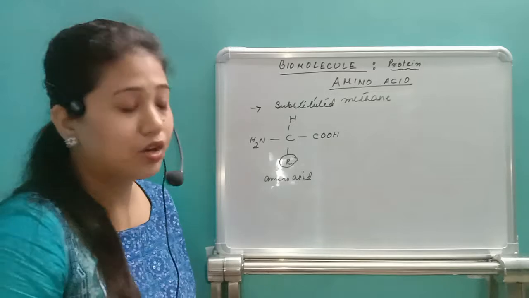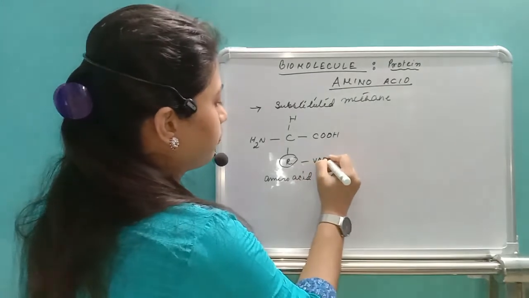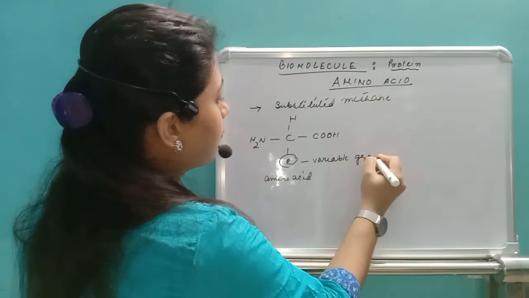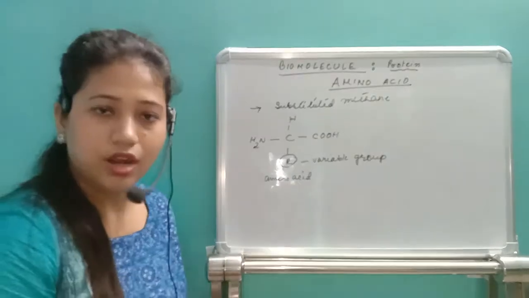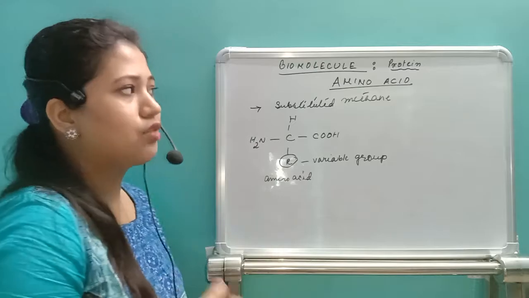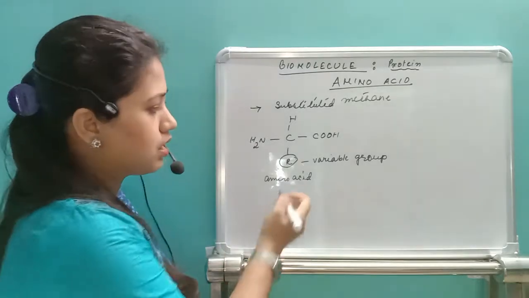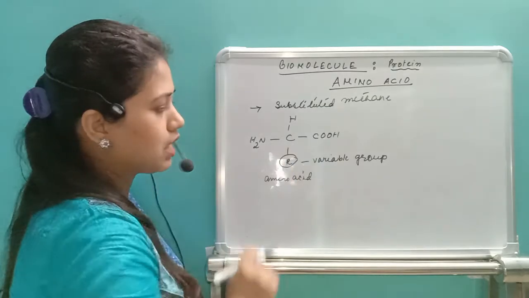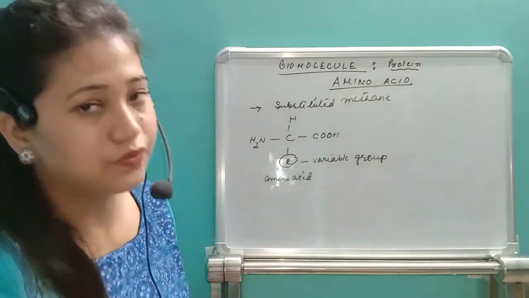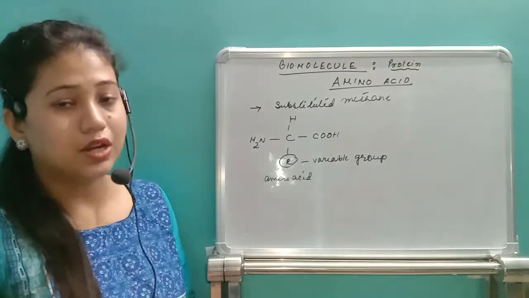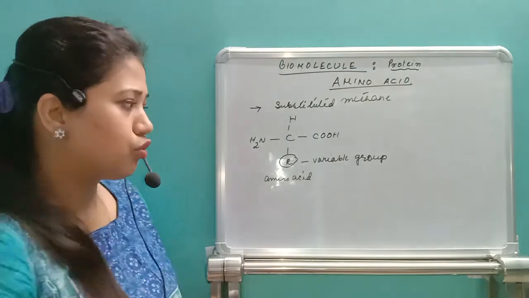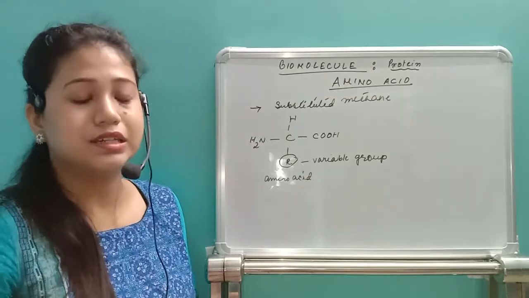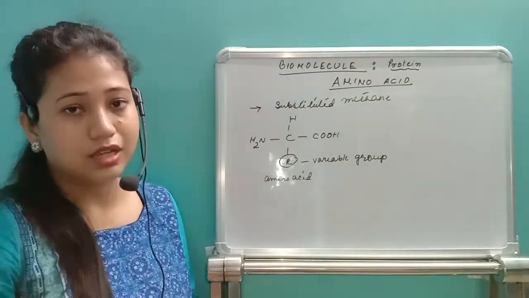Now what is this R, or variable group? This is the general structure of every amino acid, right? So depending upon this R, we can have different amino acids. If in this R we have hydrogen, that will be the simplest amino acid, glycine. If in the variable group we have an acid, that amino acid will be an acidic amino acid.